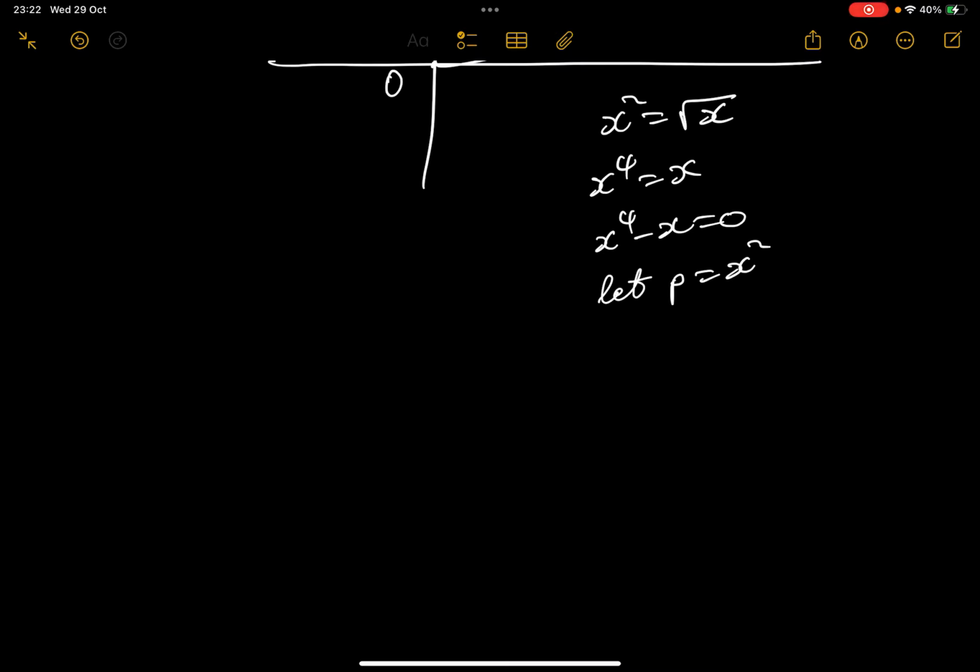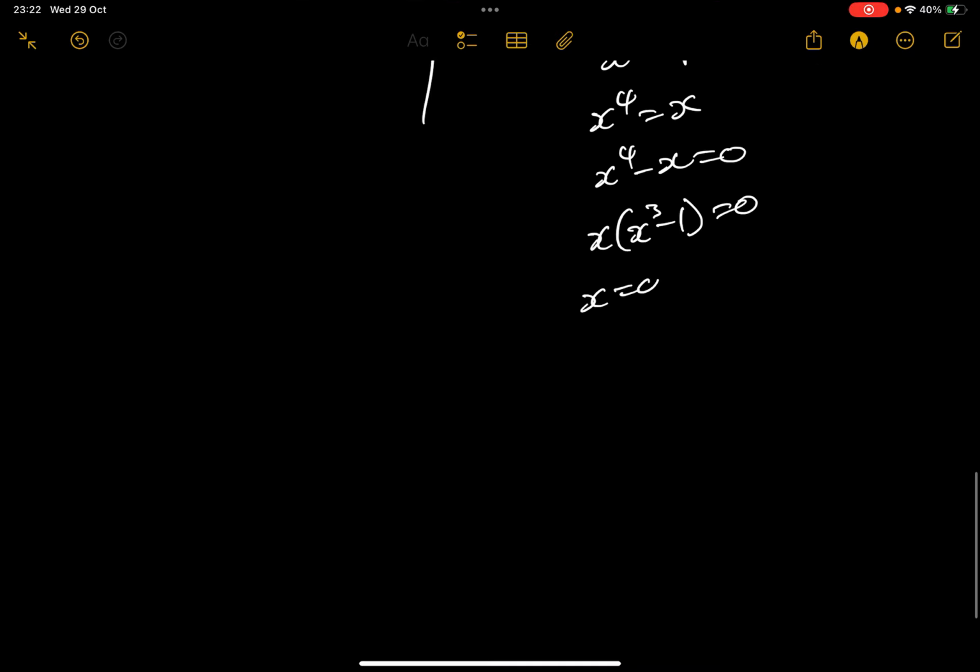Let me just make it simple. This is x cubed minus 1 is equal to 0.